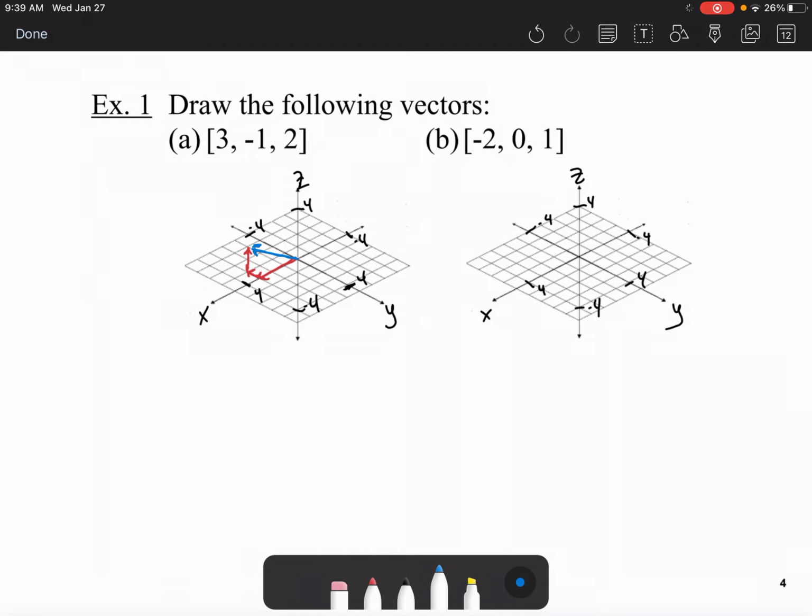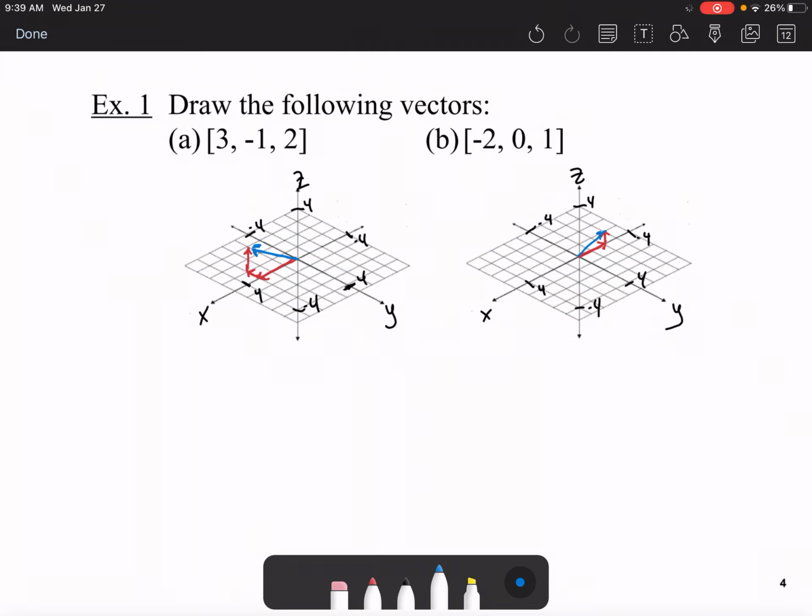Okay, so I encourage you to pause the video now and try the next one for yourselves. Okay, so now that you tried it out on your own, you should have drawn this vector to begin with, followed by this vector here, to get this resultant here.